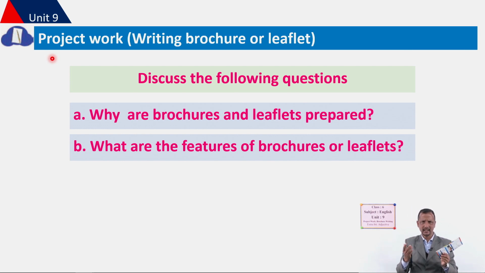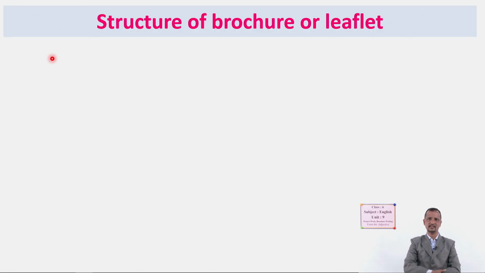Name, short description, location, special features, and so on. Right? Well, after this, dear students, now let's talk about structure. In structure, all the questions that we discussed earlier come here. Our answers will meet you over here. All right. Structure of a brochure or leaflet. What is the structure like? Yes, you can see.